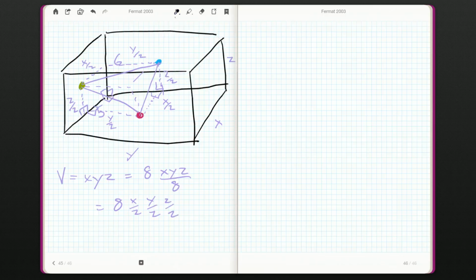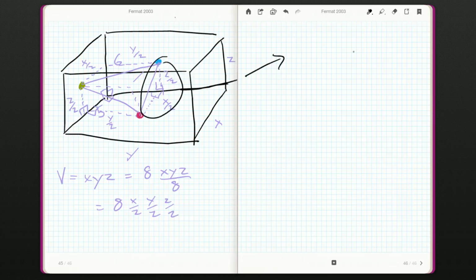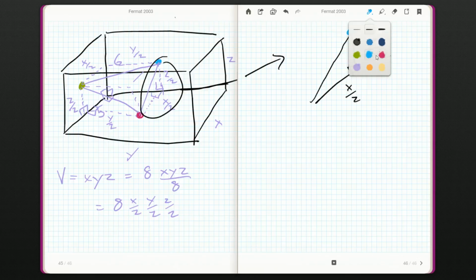And you'll notice here, I take a look at this one here, I've got some right angle triangles. x over 2 and z over 2. And that was between our blue dot and the red dot.